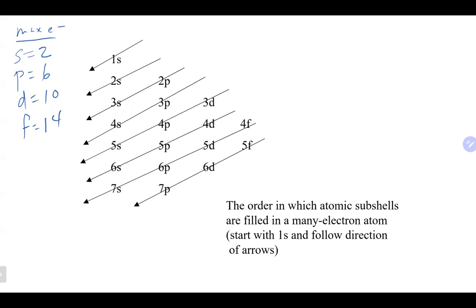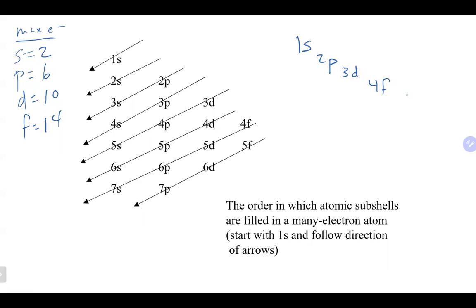Now, like I said, you could recreate this for yourself pretty quickly on a piece of paper by just remembering what we talked about. On the first energy level, all you have is an S. Not until the second energy level do P's start to happen, not until the third energy level do D's occur, and really not until the fourth energy level do F's occur.